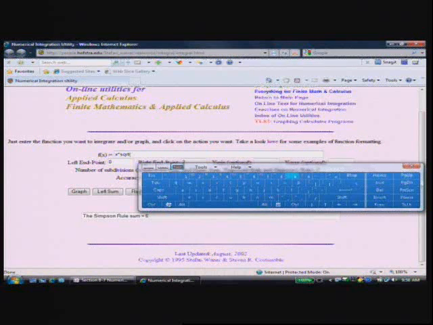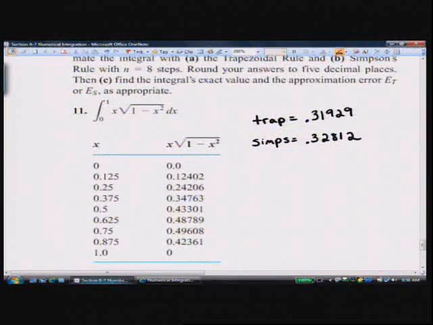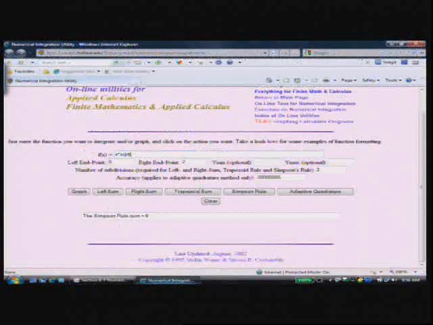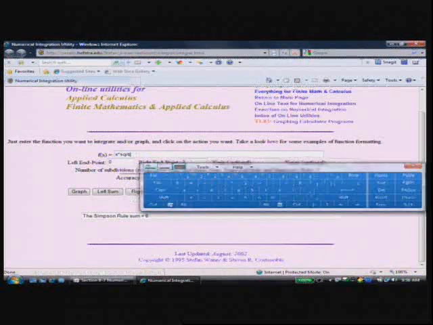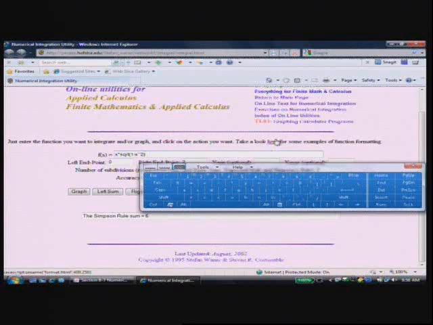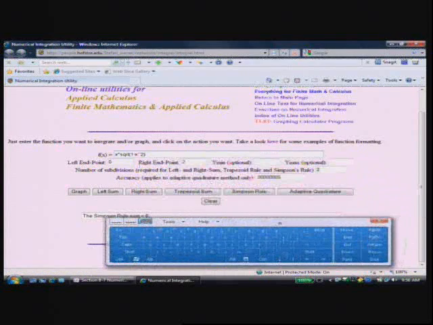What was it, 1 minus x squared? Yeah, 1 minus x, shift, squared. It says take a look here for examples of function formatting, so you could always click there if you wanted. I think it's probably square root. I'm living on the edge.